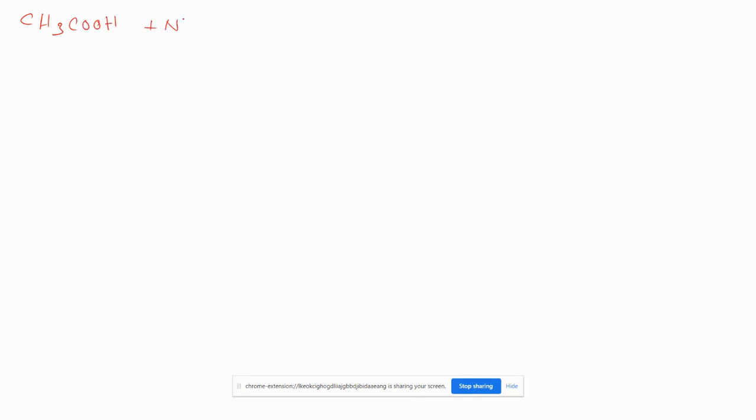CH3COOH plus NH4OH gives CH3COONH4 plus H2O. The molecular weights are 60, 35, 77, and 18. Now first we will write the relationship between acetic acid and ammonium acetate, this is called ammonium acetate.